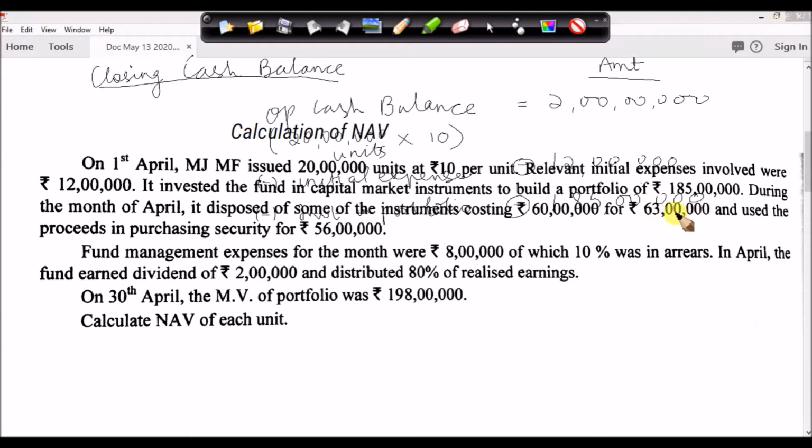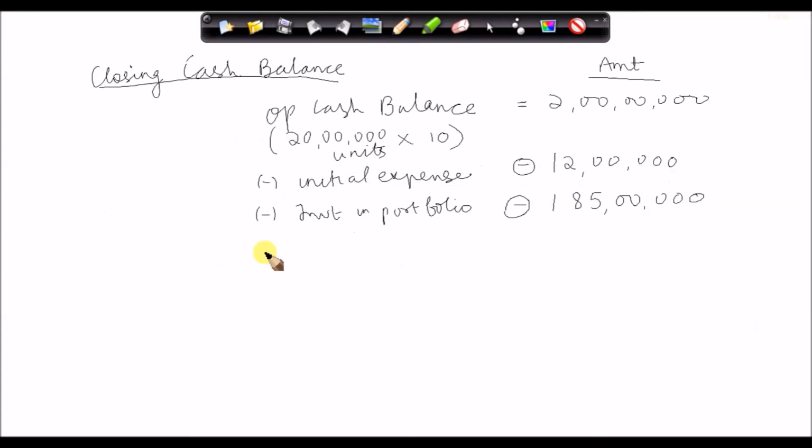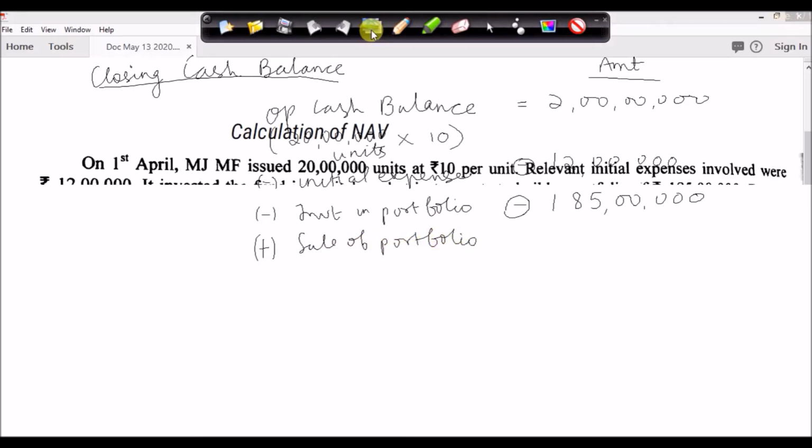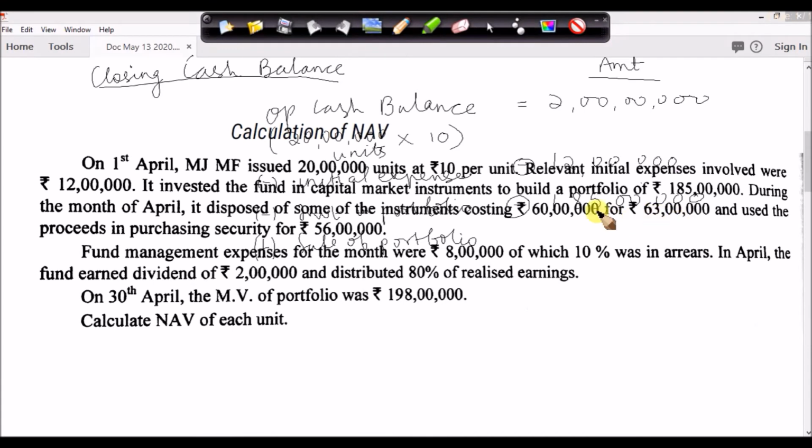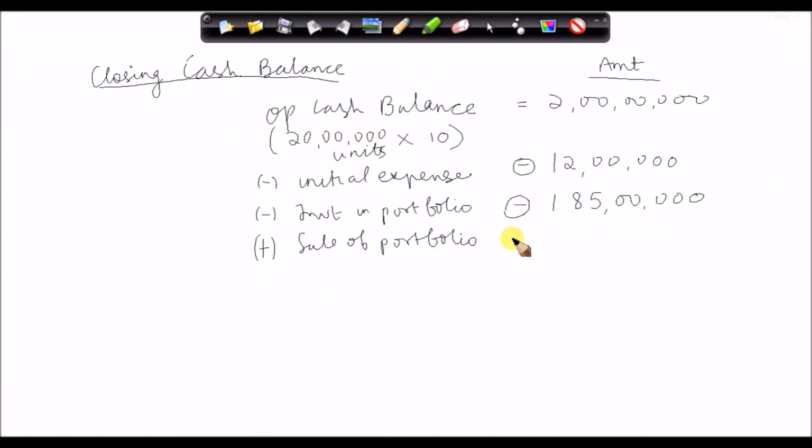So 63 lakh rupees the fund manager is going to receive, so the cash balance is going to increase. Sale of the portfolio: certain instruments were sold and 63 lakhs was collected, so there is an inflow of cash to the tune of 63 lakhs.